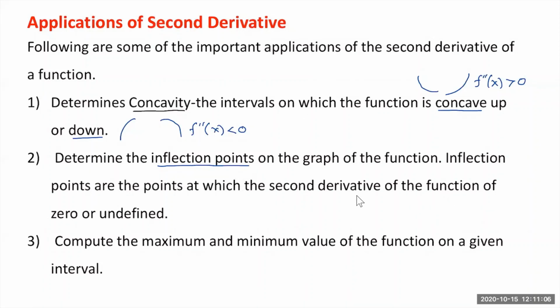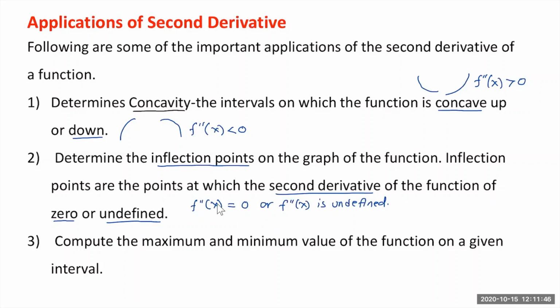So if you are asked to find the inflection point, you have to look for the place where the second derivative of the function is 0, or the second derivative of the function is undefined. The place on the graph where the second derivative is 0 or undefined, we call that point the inflection point.